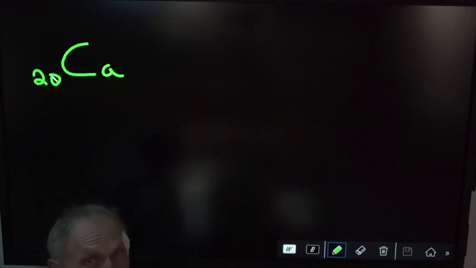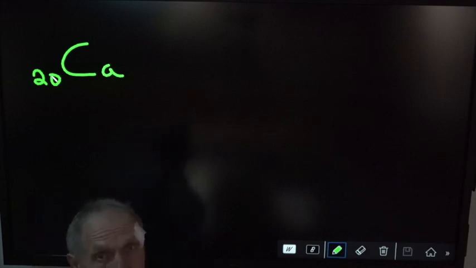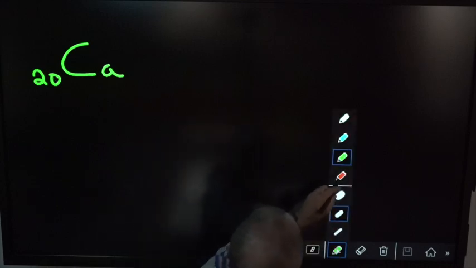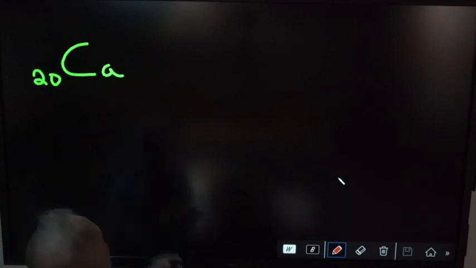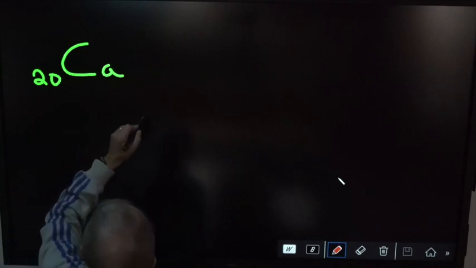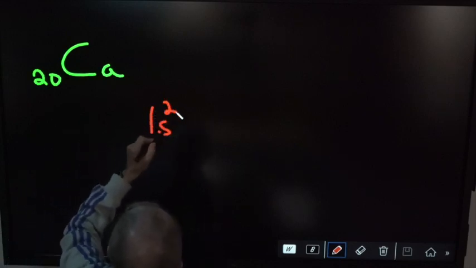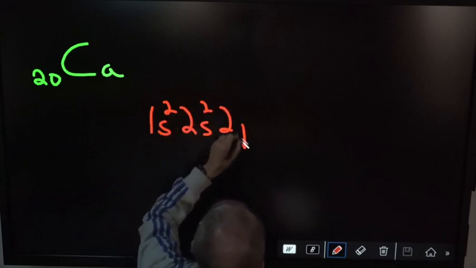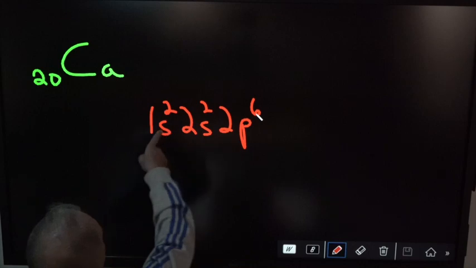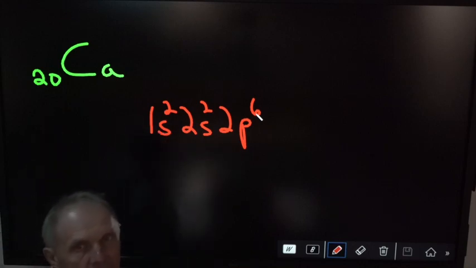Now we have 20 electrons to mess around with. 20 of them. Okay? All right, so here we go. If we have 20, we know the first 2 shells are filled. I mean, we have 1s2. That takes up 2 electrons. 2s2. 2p6. So I've used up 10. I still have 10 electrons left.